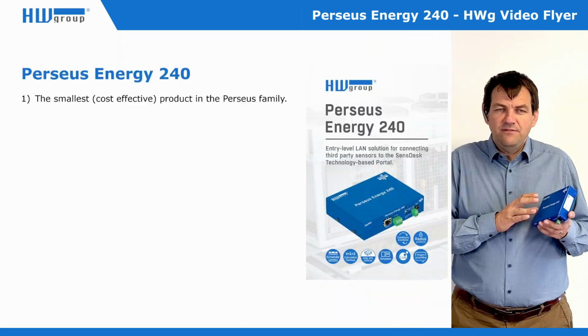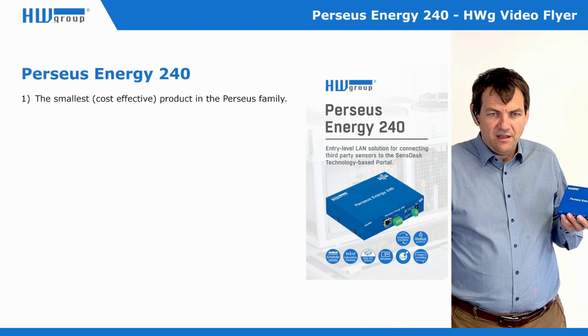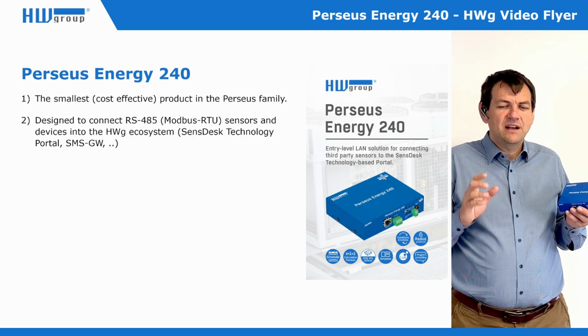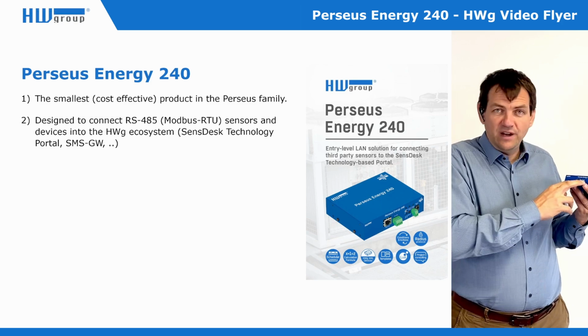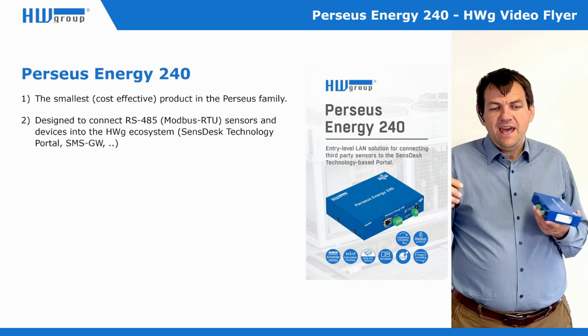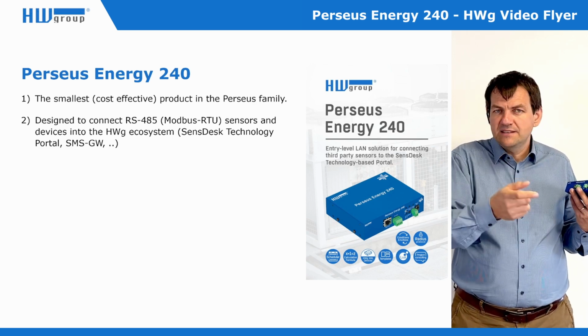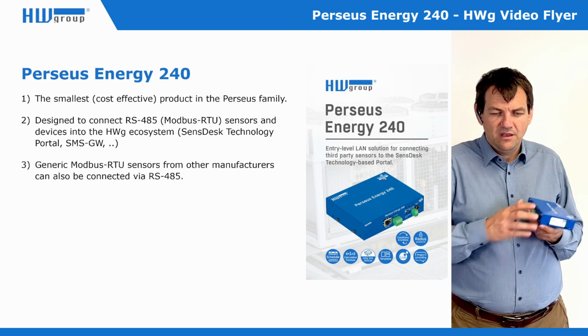Perseus Energy overall is the smallest and very cost-effective member of the Perseus family. All the features are there. It's designed to connect over the Modbus RTU, so simply 2 wires of RS-485 plus 2 wires for the powering. And all the sensors can be connected over the network to the SensDesk, to the whole portal, to all APIs and things like that.